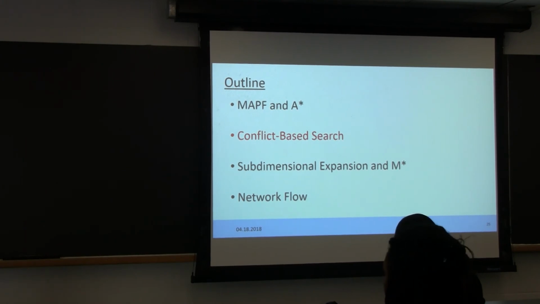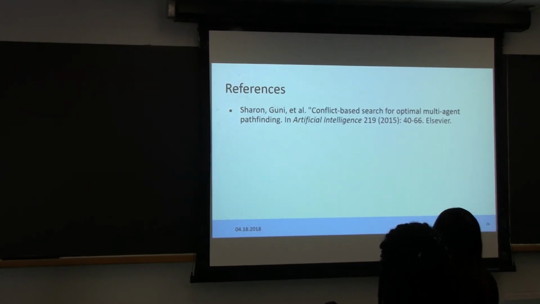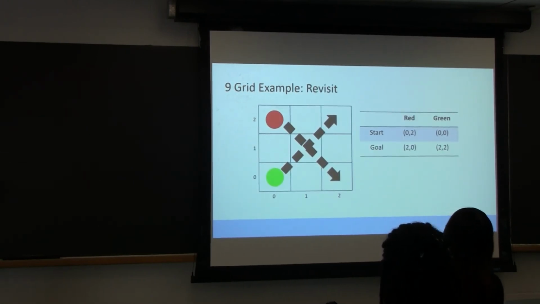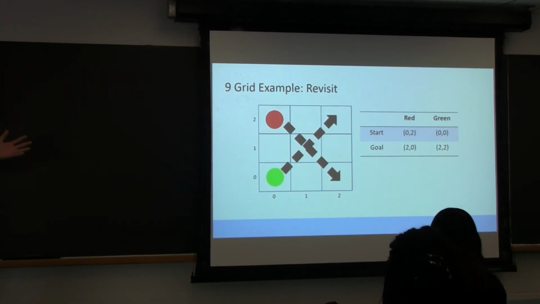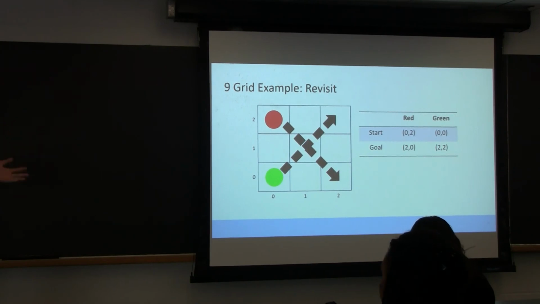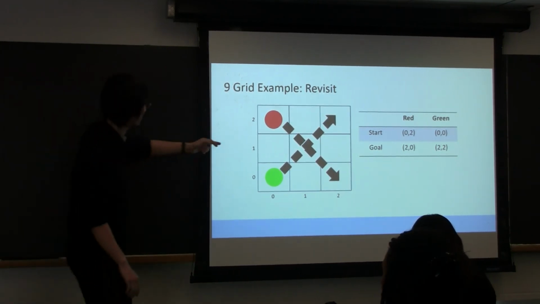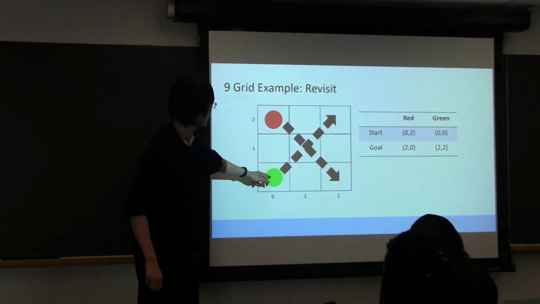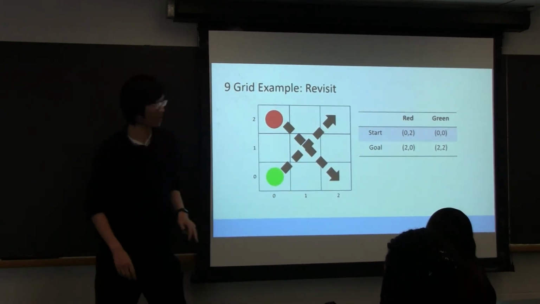Thank you, Andrew. So my name is Meng. I'm going to introduce the method called conflict-based search. As Andrew talked about, here is the review of the 3 by 3 grid problem, where we have a red circle and a green circle. The red circle is going from here to here, and the green circle is going from here to here.